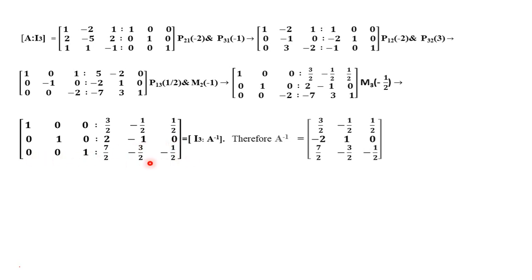So see the last row. Here we see that A is converted to an identity matrix, that is I3, and simultaneously the identity matrix I3 is converted to A inverse. Hence A inverse equals 3 by 2 minus 1 by 2 1 by 2, minus 2 1 0, 7 by 2 minus 3 by 2 minus 1 by 2.